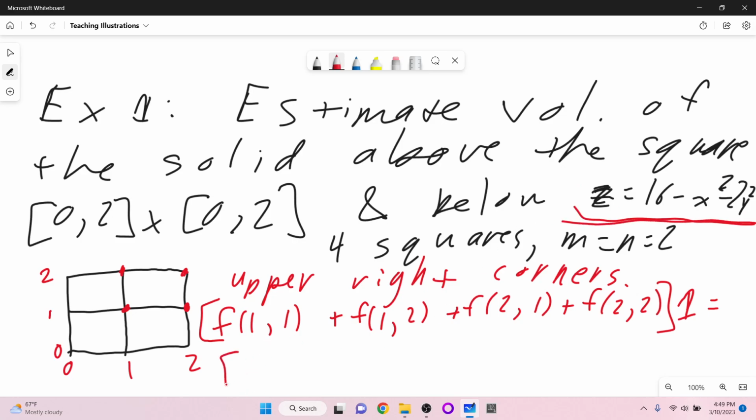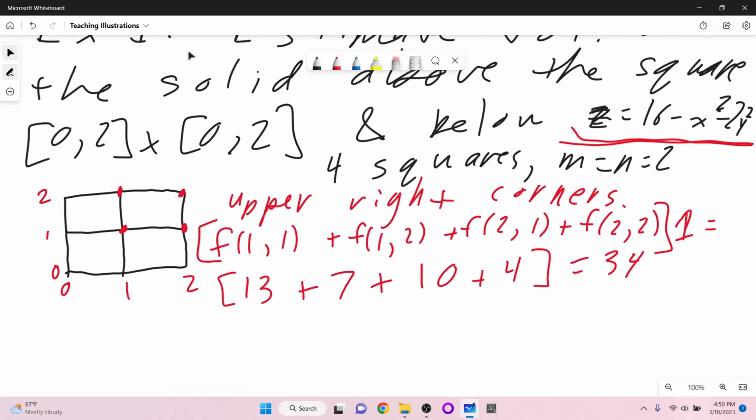That gives us 16 minus 1 minus 2, which is 13, plus plug in 1 for x and 2 for y, that gives us 7. Again, 2 for x and 1 for y gives 10. And plugging in 2 for both gives 4. So it's 34. So that's the upper right rule.